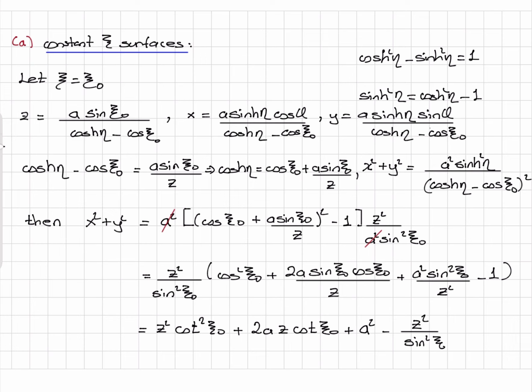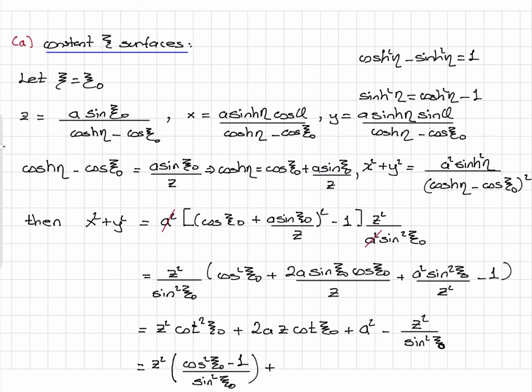All right. And this can be written in z squared parentheses. Z squared parentheses, I have cotangent squared minus 1 over sine squared. Cotangent squared is cosine squared over sine squared. So cosine squared minus 1 over sine squared psi 0.